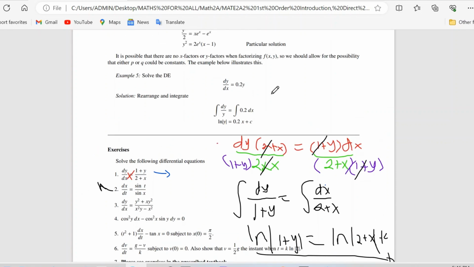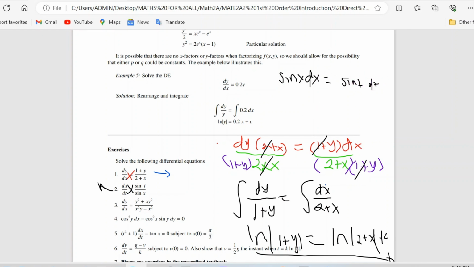Number 2 says dx over dt is equal to sine t over sine x. Here it's straightforward. We just have to do cross multiplication. Then it will say sine x dx is equal to sine t dt.